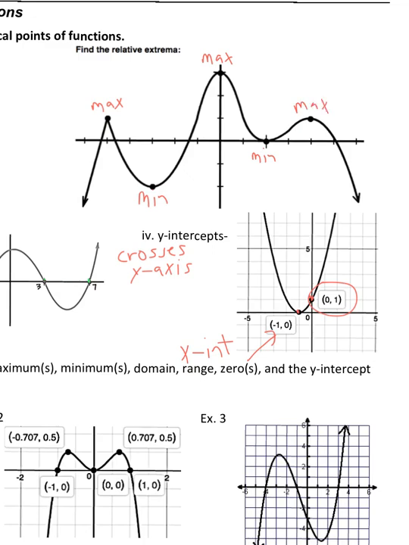So if I was labeling in a chart my minimum coordinates, let's see, it's 1, 2, 3, 1, 2, so (-3, -2). And this one would be (2, 0). Those are the coordinates of my minimums.